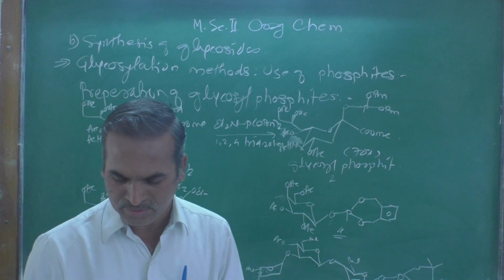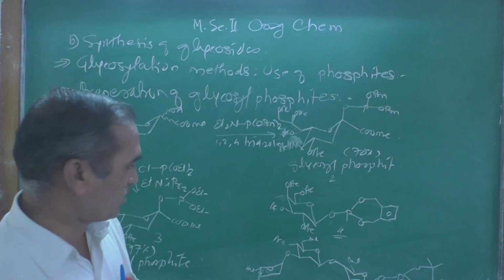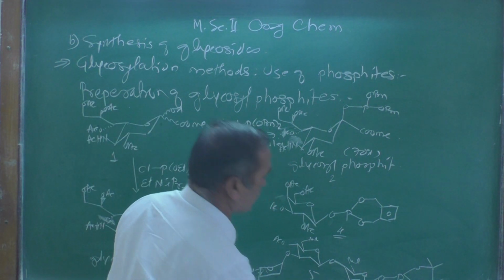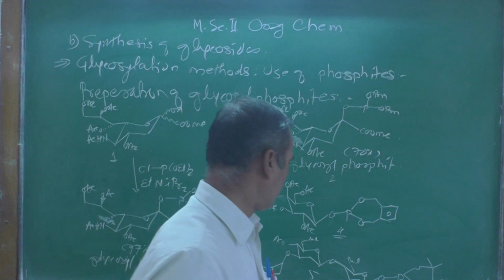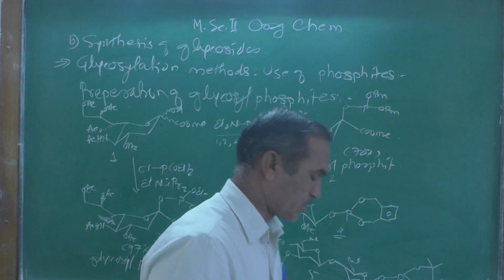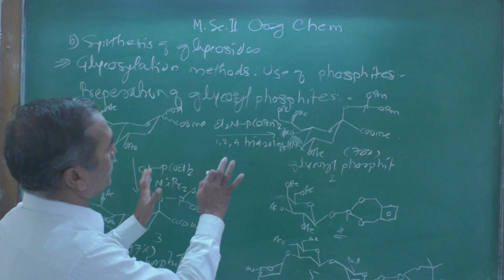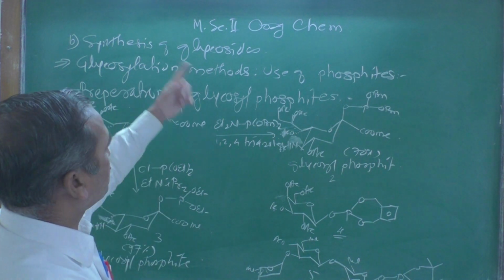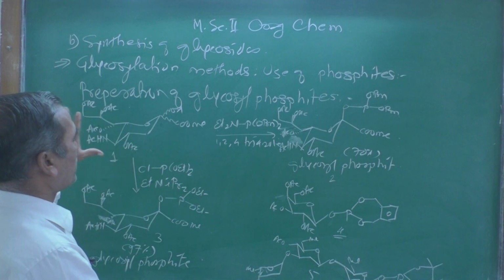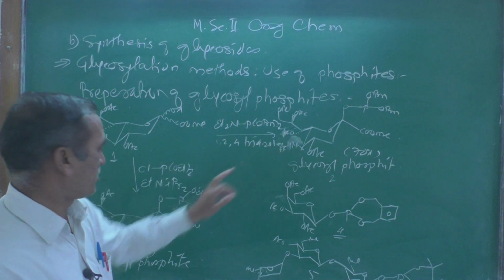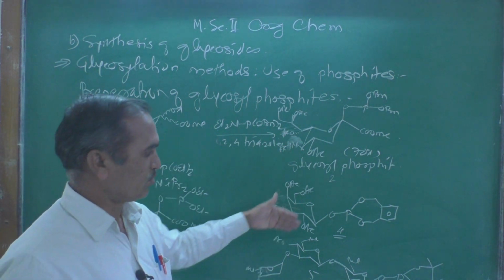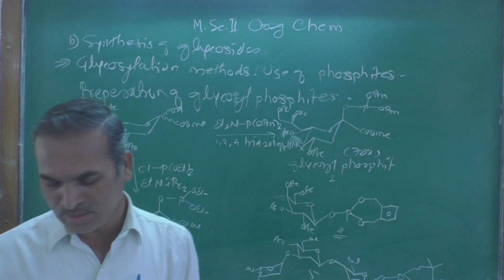So these are the different structures. We can call this structure number 5, structure number 4 and structure number 5. These are the different phosphites I have shown over here. Starting from this we can get this one, and now this is also nothing but a phosphate.